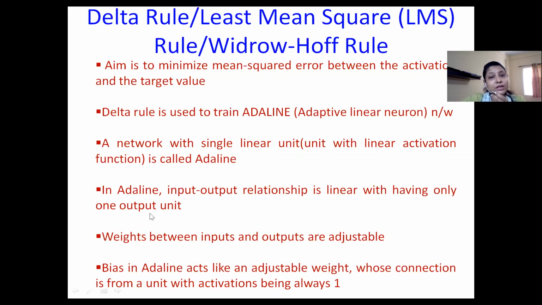It has only one output unit, which is very different from what we have learned so far in the various types of neural network. Now, since the relationship that input neurons and output neurons hold is a linear one, all the weights between the inputs and outputs are adjustable.